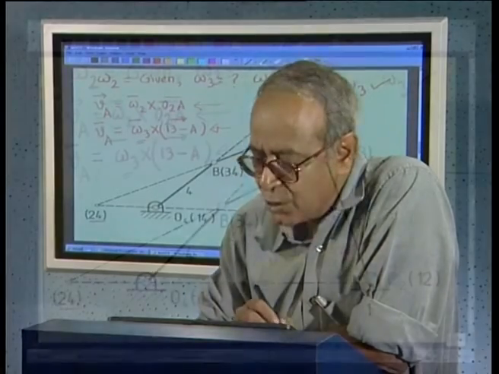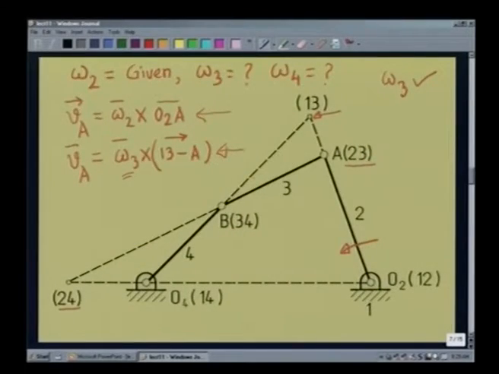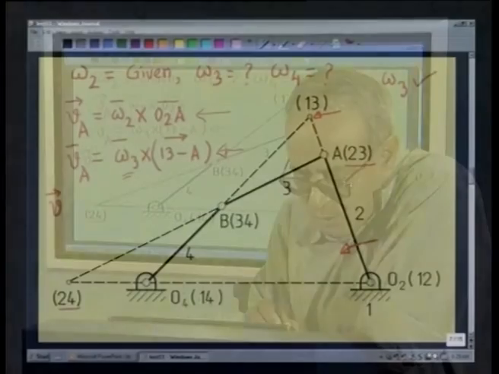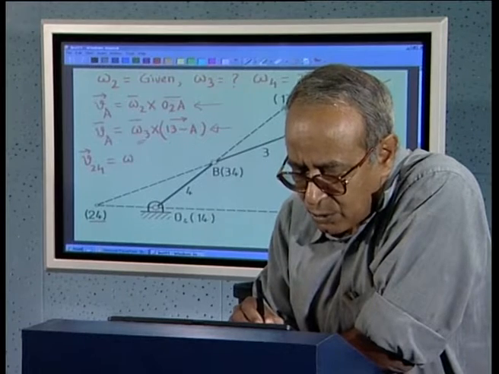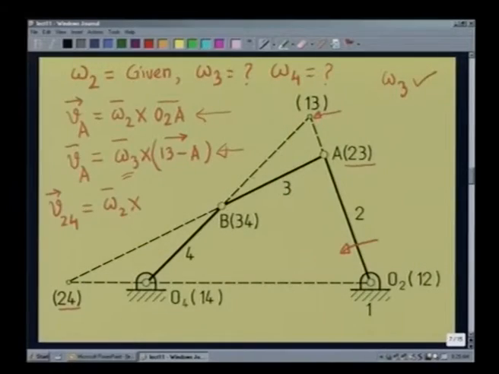If I consider 2 4 to be a point on body 2 which is rotating about O2, so velocity of this point 2 4, considering it to be a point on body 2 is omega 2 cross the vector O2 to the point 2 4. Because link 2 is rotating about the point O2 which is 1 2. As omega 2 is given, I can find out what is the velocity of this point.